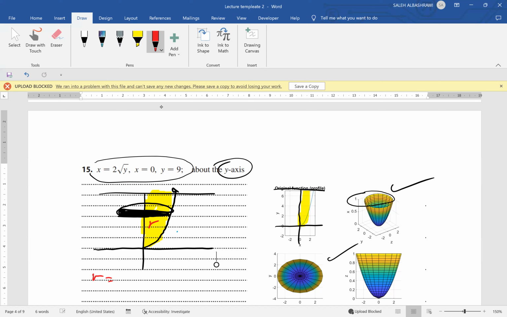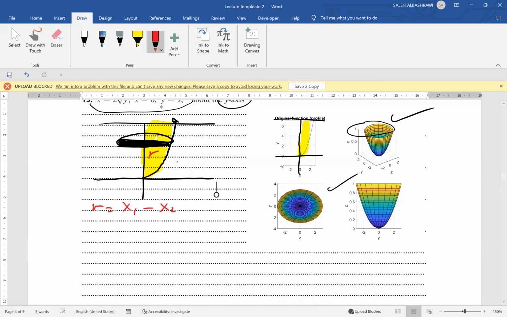R is given by x1 minus x2, the right curve minus the left curve. This is equal to 2 square root of y minus 0, which is 2 square root of y. So r in this case is equal to 2 square root of y.